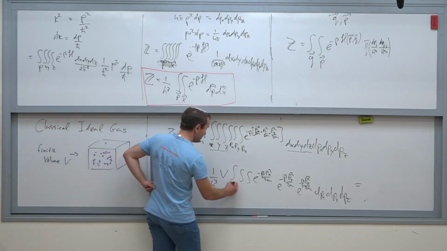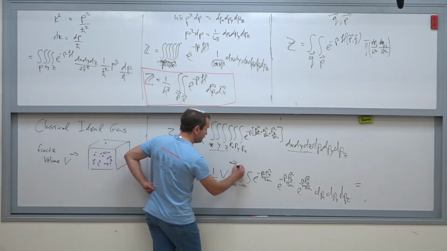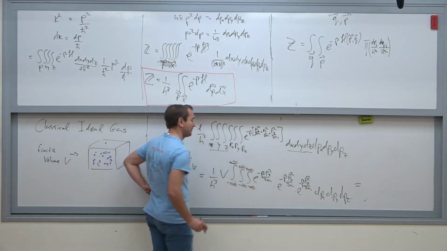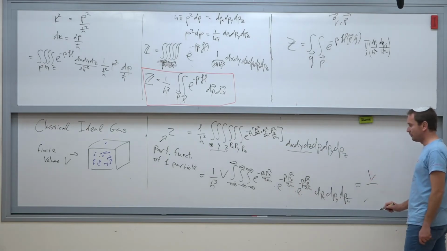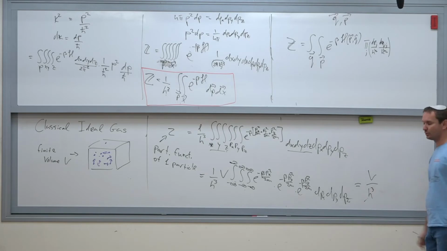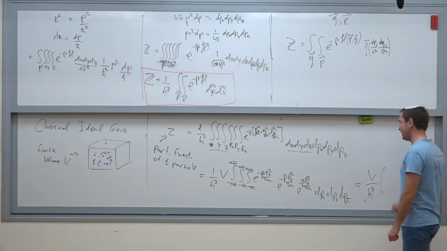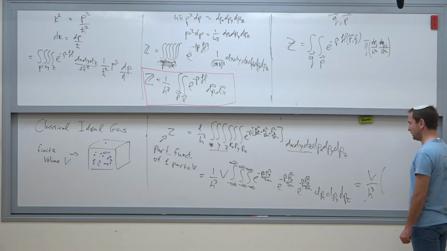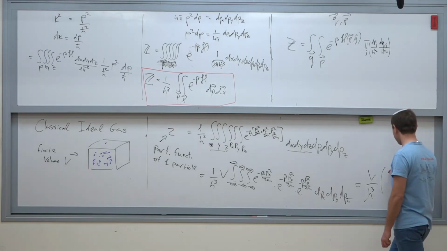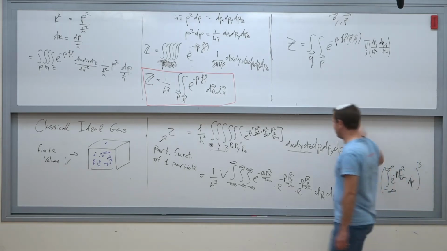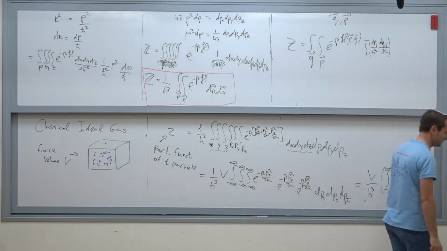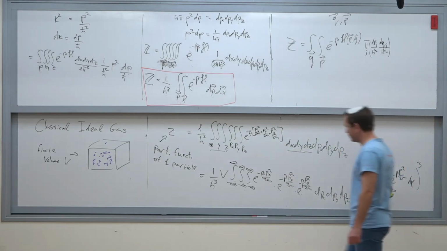So here we have minus infinity to infinity for each. So what we obtain is that this integral equals the volume divided by the Planck constant to the third power, times the integral from minus infinity to infinity of e to the minus beta p squared divided by 2m dp, to the third power. So it's a simple Gaussian integration that we need to perform.